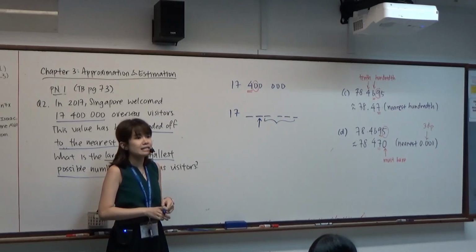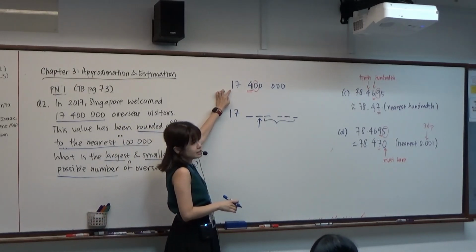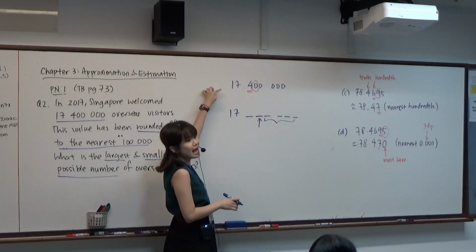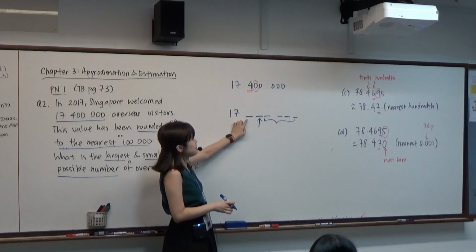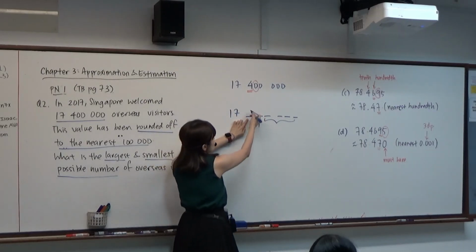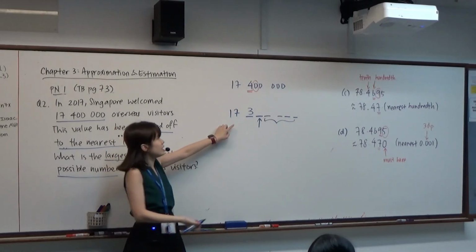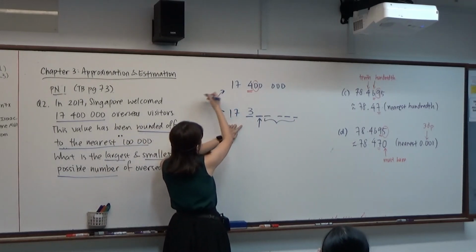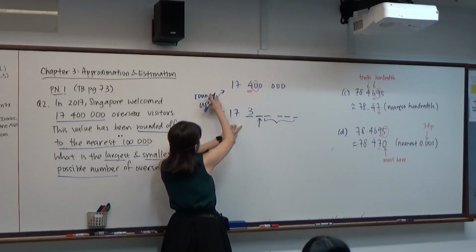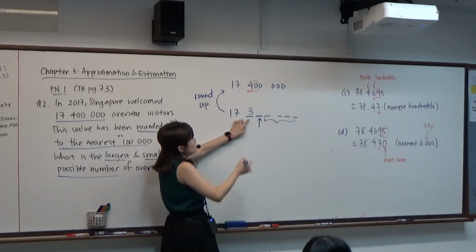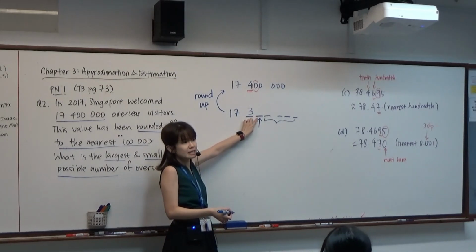So let's say this number was rounded up in order to get to 4. That means that before that, this digit over here should have been a 3. Agree? Imagine a situation where we are rounding up. In order to round up, my digit over here must be what?